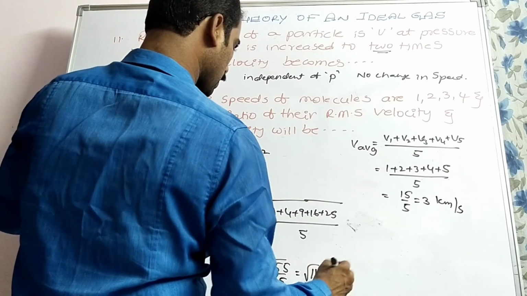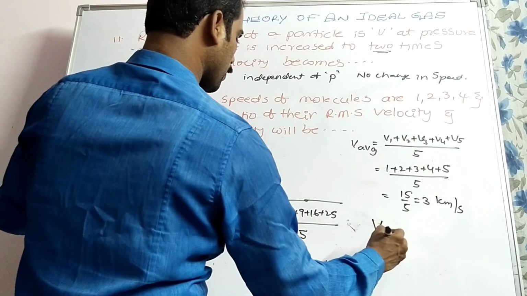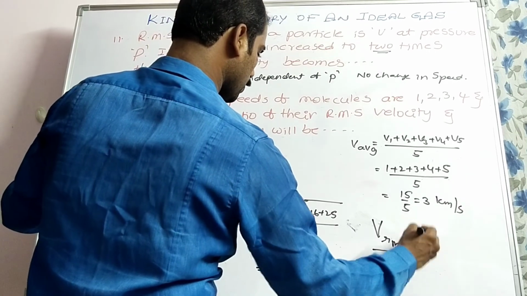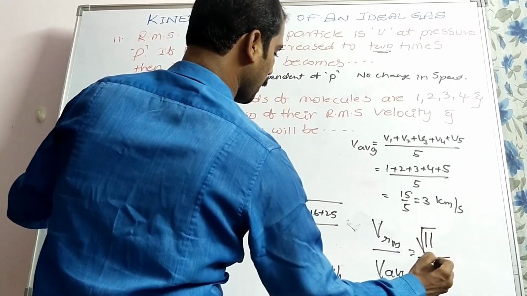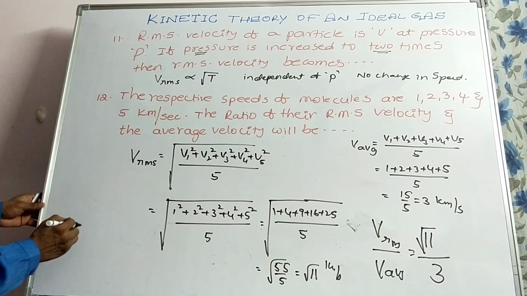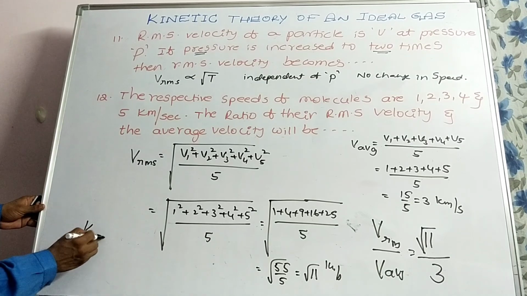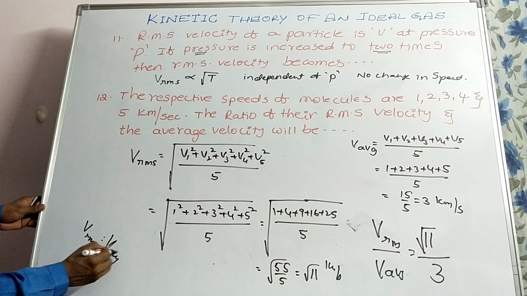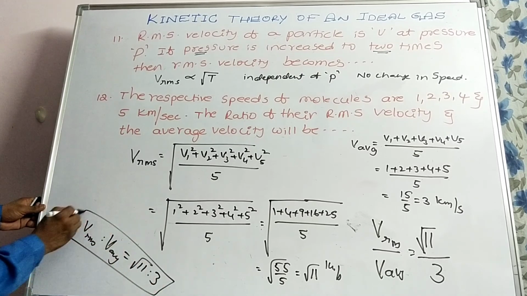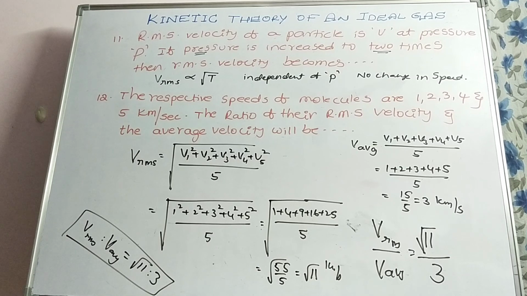V RMS is root 11 km per second. Now, V RMS by V average is equal to root 11 by 3. The ratio V RMS is to V average is equal to root of 11 is to 3.